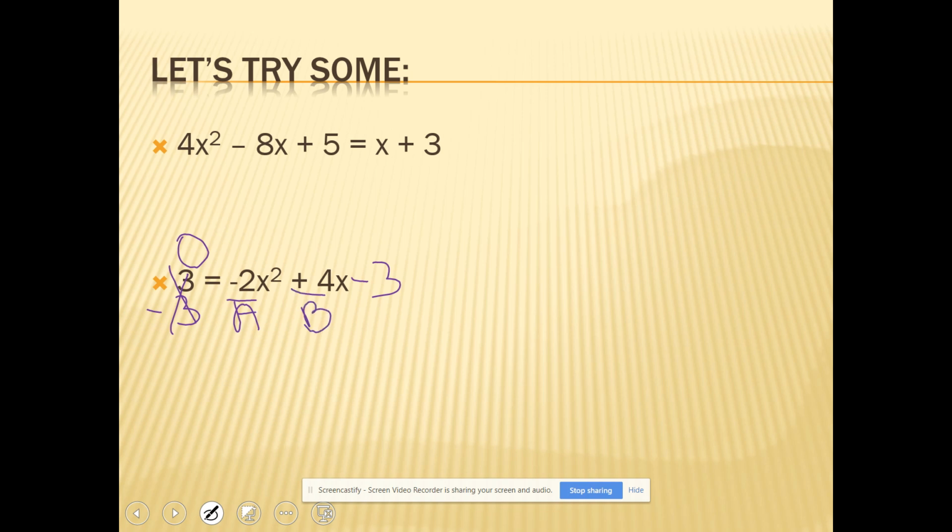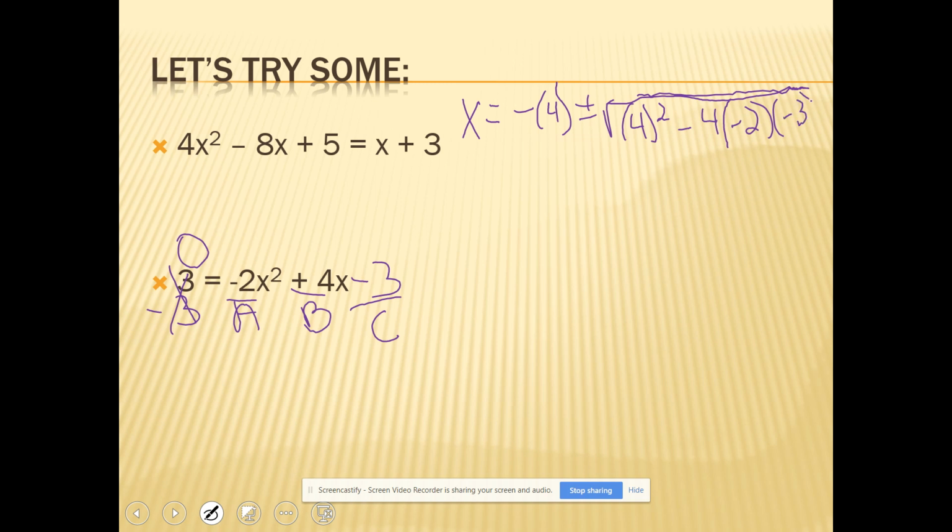I have my A, my B, and my C. So plugging that into the quadratic formula, we have negative B plus or minus the square root of B squared minus 4 times A times C. Again, be very careful that you keep the negative with the 2 and the negative with the 3. And this is all over 2 times negative 2.